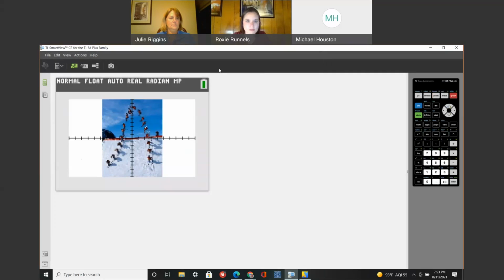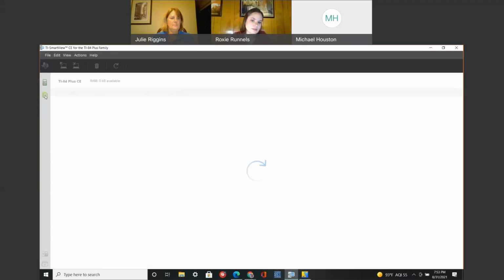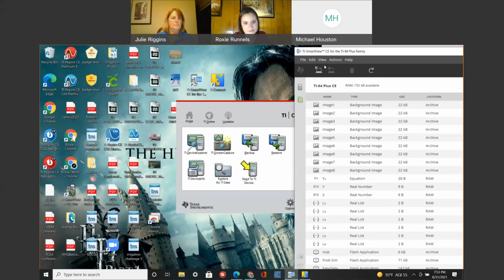Right down here, I'll let it load. It's going to be your Emulator Explorer workspace, and you've got all of your images here. You can upload an image. I like to drag and drop personally. That's my favorite. And I'm just going to drag.